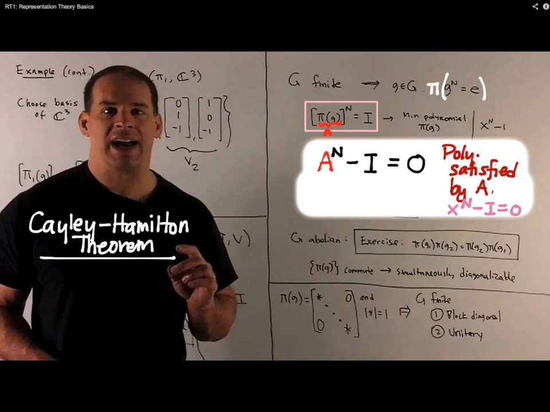It is a polynomial equation satisfied by A. This would be the 0th term, and these are all matrices, I and x and 0, but we can still take powers of them. If we take the 0th power of a square matrix, we get the identity. And then we substitute in A for x.